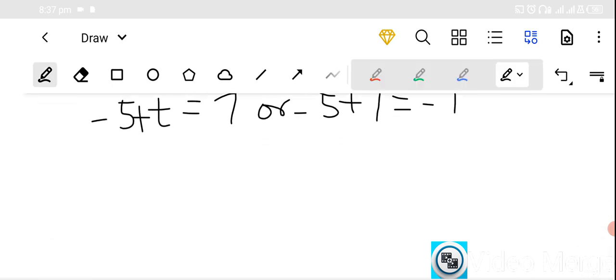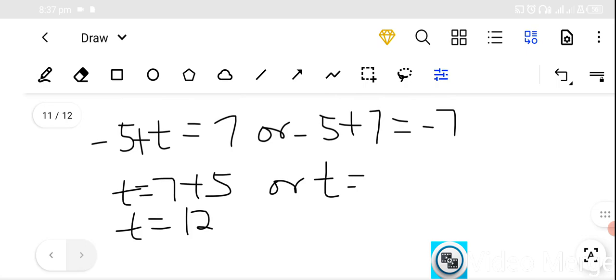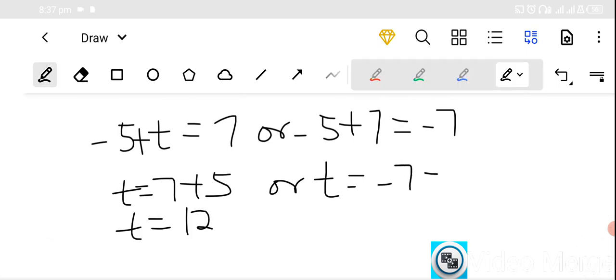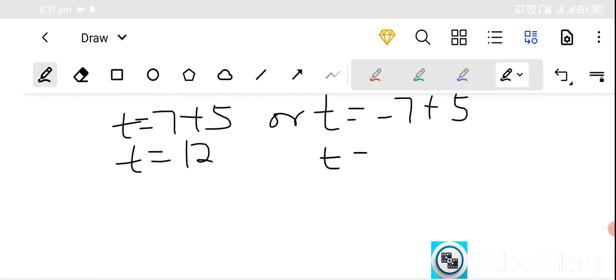So t is equal to 7 plus 5, t is equal to 12, or t is equal to, in this case, negative 7 plus 5, t is equal to negative 2. So I found two solutions.